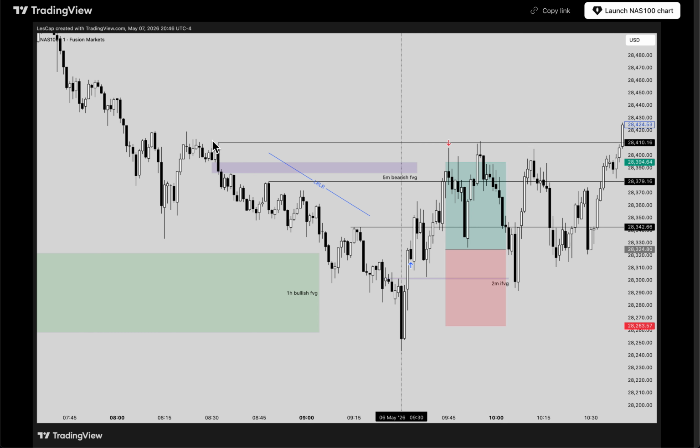Because first of all, I was initially targeting all this buy side liquidity here, but my entry model and my trading rules tell me that as long as there is a risk to reward of 1-to-1, I'm happy to take my full position off at my take profit level, and I don't really care where price goes after that, because I'm just following my rules, and as long as I follow my rules, I give myself the best outcome and opportunity for my trades to play out.